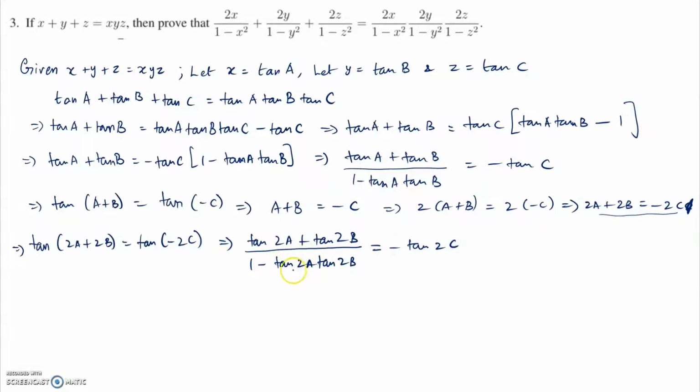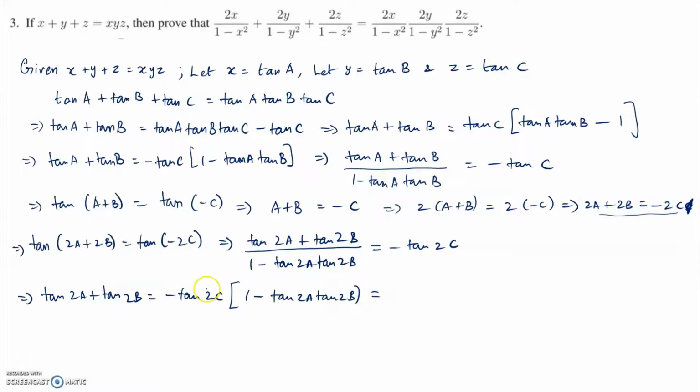So, now moving this to the right hand side, this will further become tan 2a plus tan 2b is equal to minus tan 2c within bracket 1 minus tan 2a tan 2b.